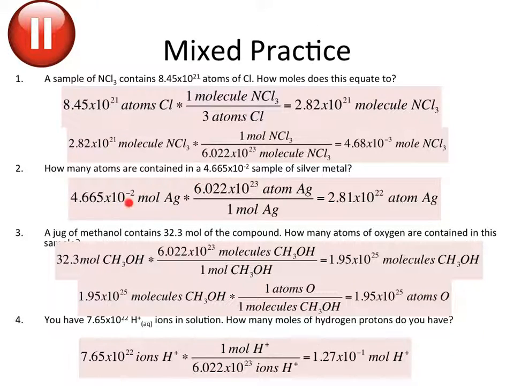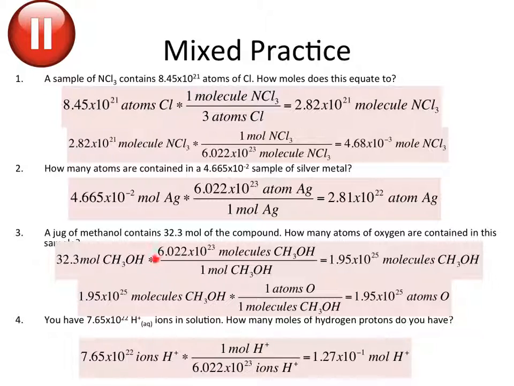The second one is very simple. Here we have moles of Ag, and we can go directly into atoms of Ag because it's the same species. So we can just use Avogadro's constant to get there. The third one says jug of methanol. So again, we're looking at moles of a molecule, CH3OH, and we're being asked for atoms of oxygen.